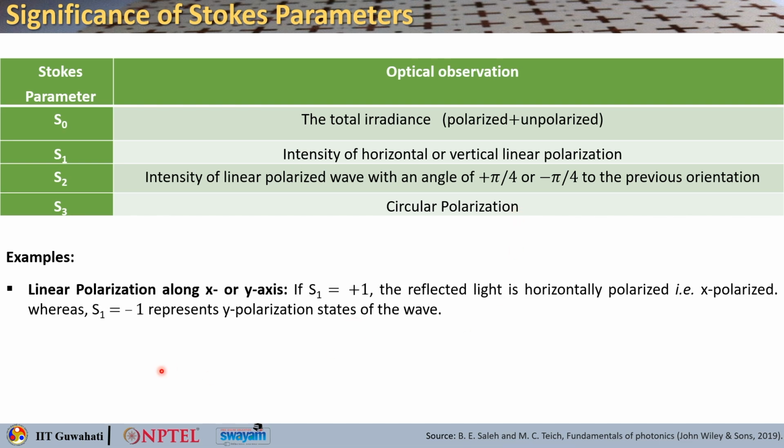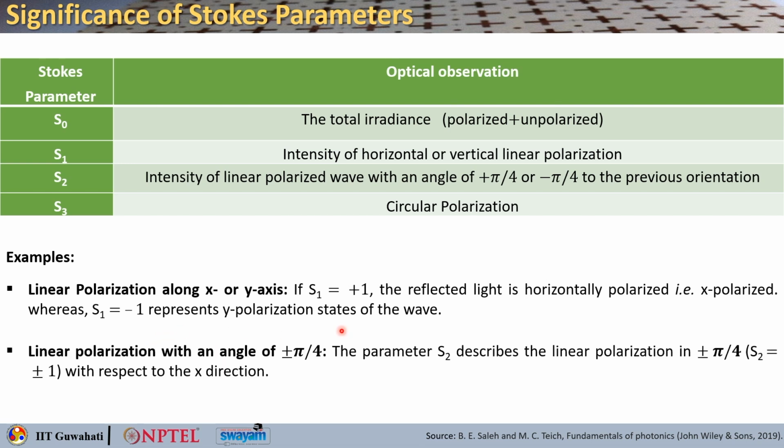So let us take some example. So if you have linear polarization along x or y axis, in that case you will have S1 equals plus 1. That means the wave is basically horizontally polarized, that means it is x polarized. If you have S1 equals minus 1, that tells you that it is basically y polarized, it is a vertical polarization.